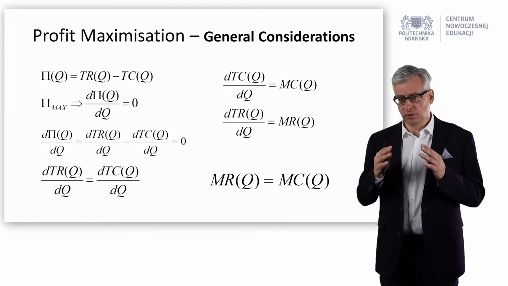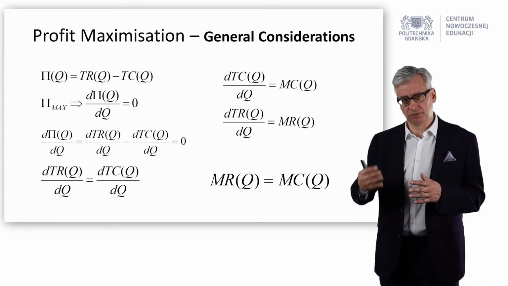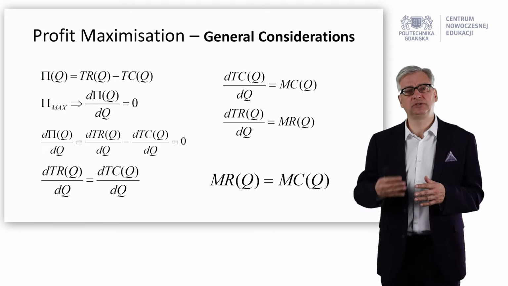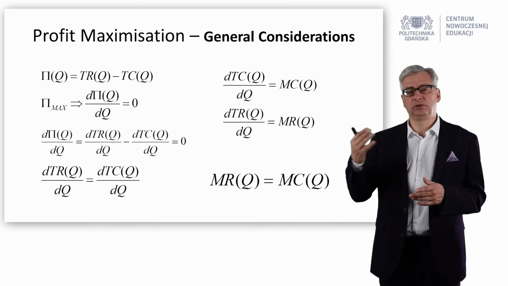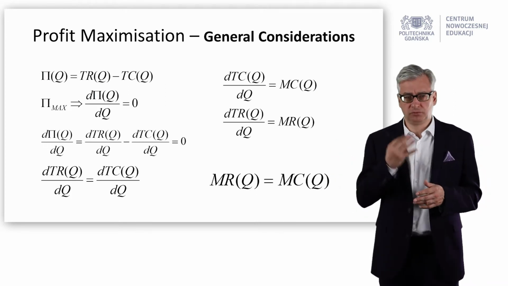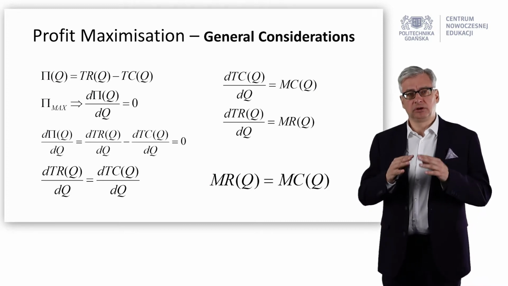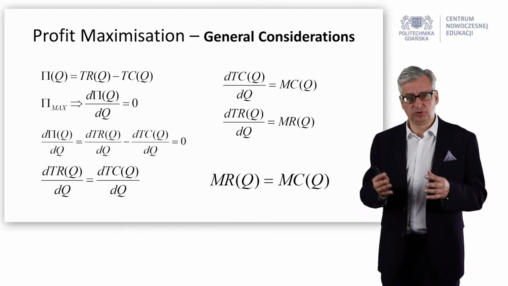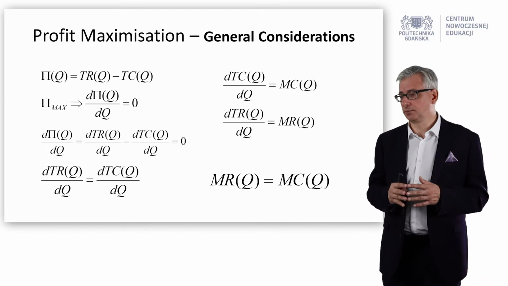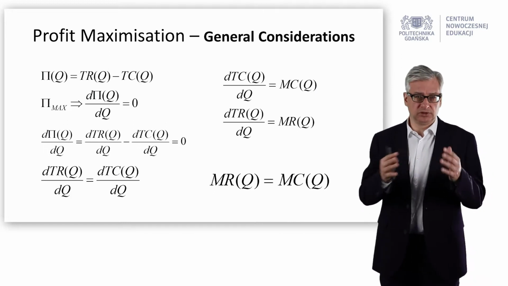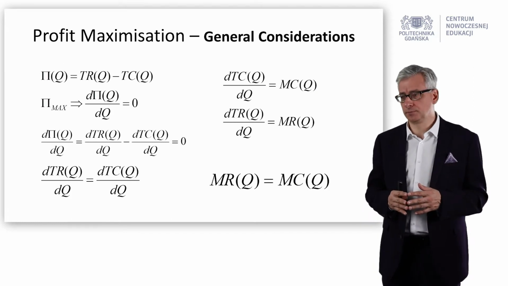Well, when you look at total costs, it is pretty obvious that the more you produce, the greater are your total costs. You need more people, you need more materials, you need more energy. To produce more, you need more. So no wonder that total costs depend on Q, or we could say they are a function of Q. And if you refer to the lecture on cost, you will see that they depend on quantity produced.